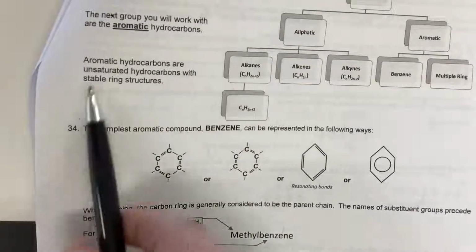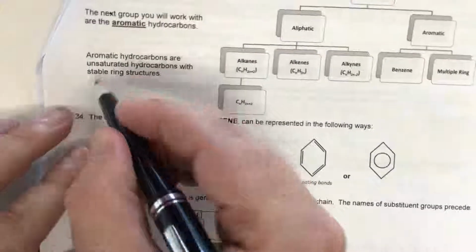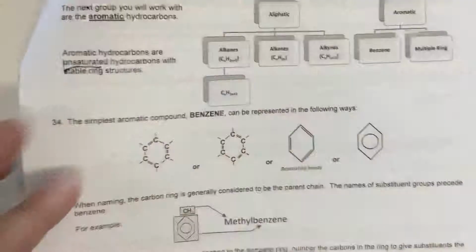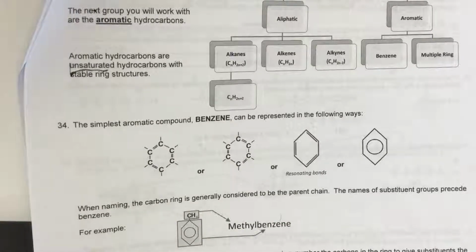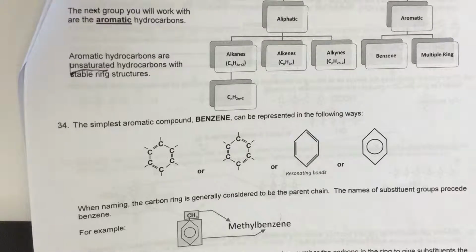So it says aromatic hydrocarbons are unsaturated hydrocarbons. Remember what that word unsaturated means, meaning that not every bond is connected with a hydrogen, with stable ring structures. Okay.